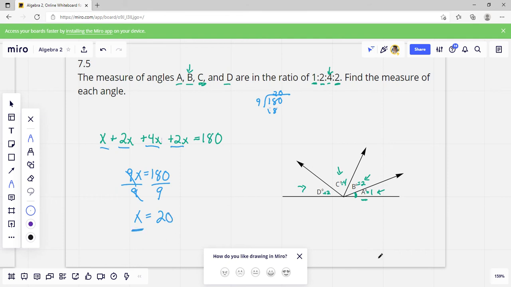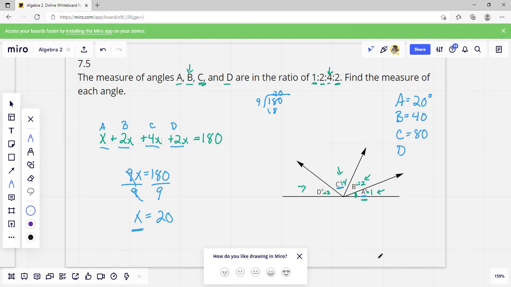Well, this one's A is 1, so that means A equals 20 degrees. B is twice as big as A, or 2x. Here's B. That was A. That would be C, and that's D. Okay, so if B is 2 times 20, that would be 40 degrees. And then C is 4 times A, so 4 times 20 would be 80 degrees.